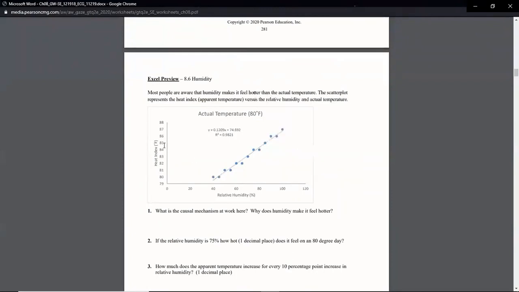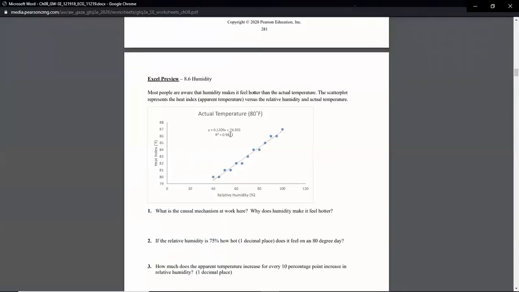Okay, so heat index. The hotter it feels, the more humid it generally is. So if it's 80 degrees with a super low humidity, it probably feels like about 80. But if it's 80 degrees and there's a super high humidity, that's when it starts feeling like 90 degrees. So this accounts for Virginia, this accounts for Arizona. You don't have to go to a region.